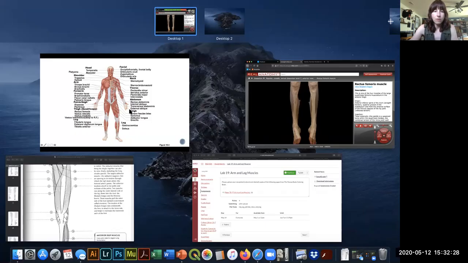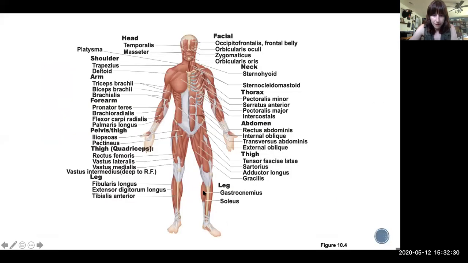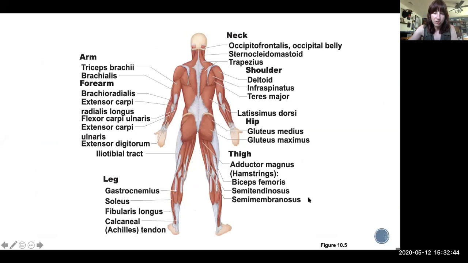Moving down, we have the gastrocnemius and the soleus on the medial side, the tibialis anterior, the extensor digitorum longus, and the fibularis longus on the lateral side, which from the back, you can again see the soleus and the fibularis longus and the gastrocnemius.